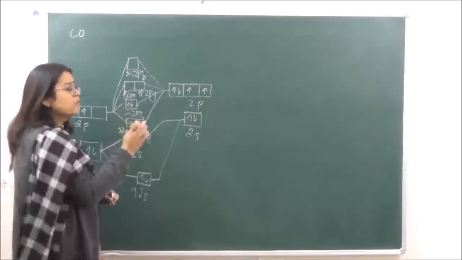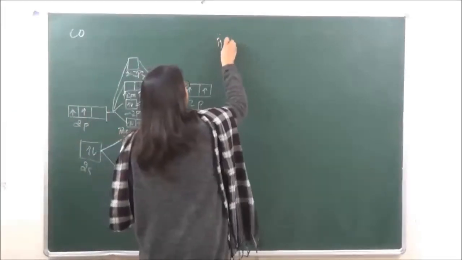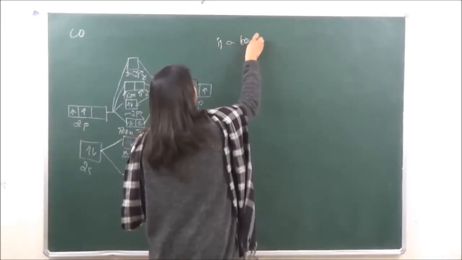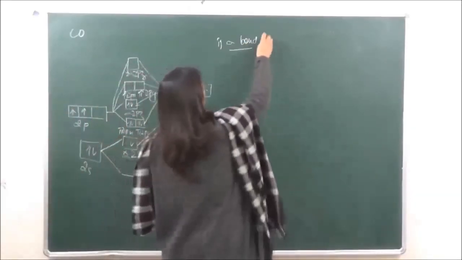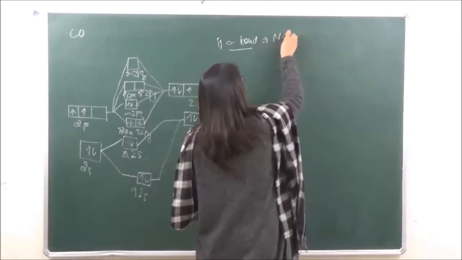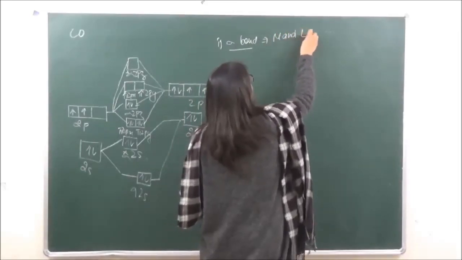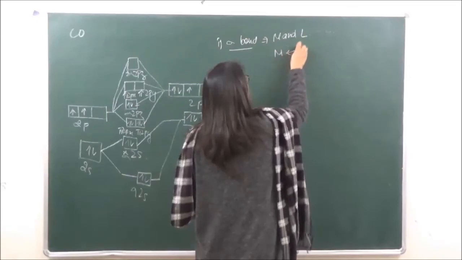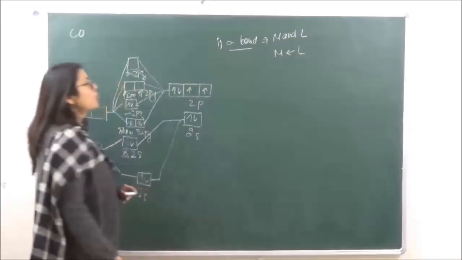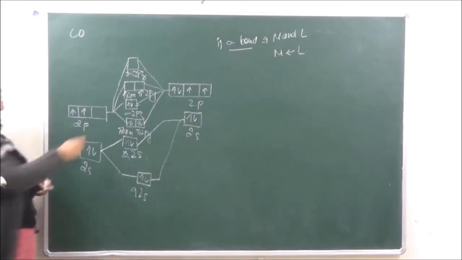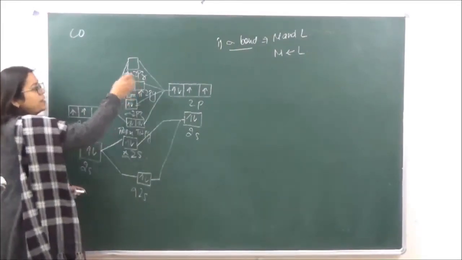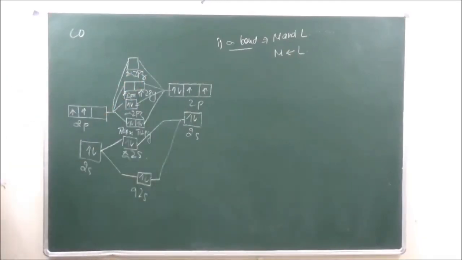So there are two types of bonds which are formed over here. The first one is the sigma bond, right? This sigma bond is going to be formed between the metal and the ligand. That means the ligand is going to give electrons to the metal, which is a normal kind of dative bond. The ligand is giving electrons to the empty orbitals over here, so that is going to be one bond which is formed, right?